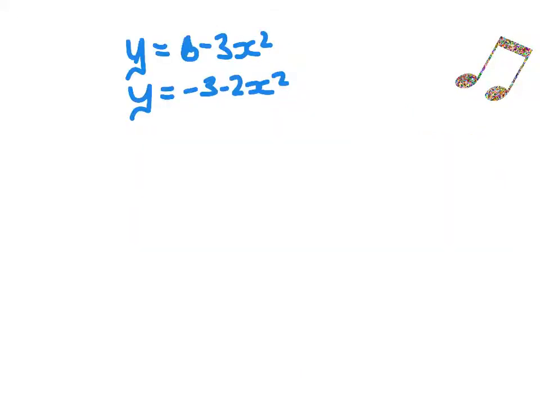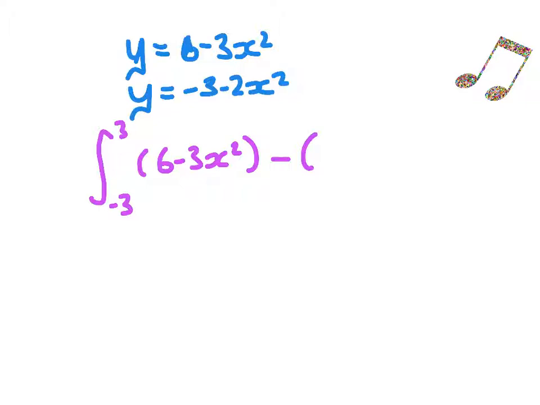So I'm going to go ahead and integrate between the limits, upper limit of 3, a lower limit of negative 3. Now the top curve is 6 minus 3x squared. And from that I want to subtract the bottom curve, which is negative 3 minus 2x squared.